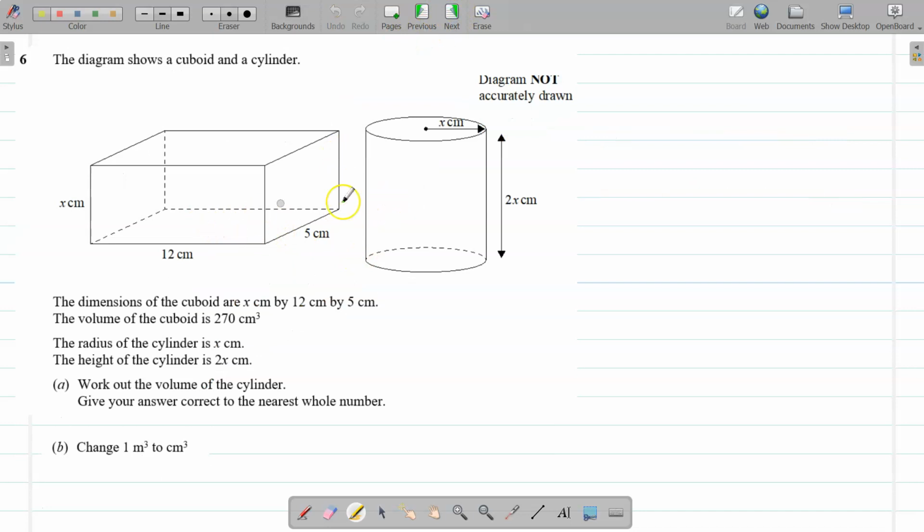Okay, now we have a cylinder and a cuboid. We've got to work out the volume of the cylinder, but we don't know what x is, but we're going to get that from the cuboid. So this is what we're going to do.